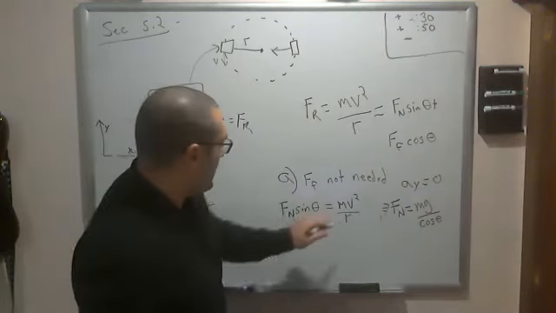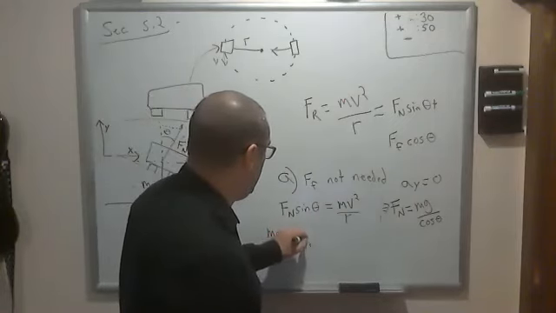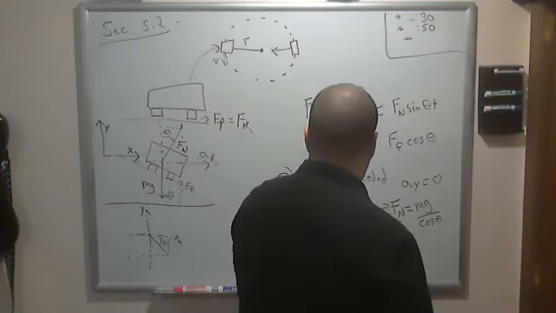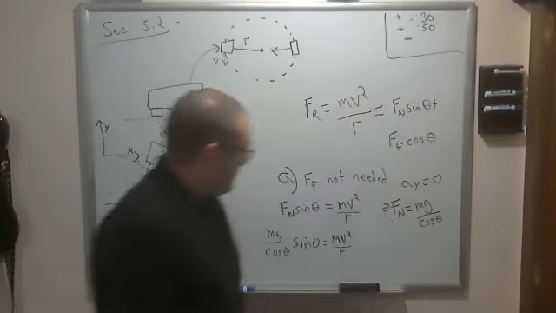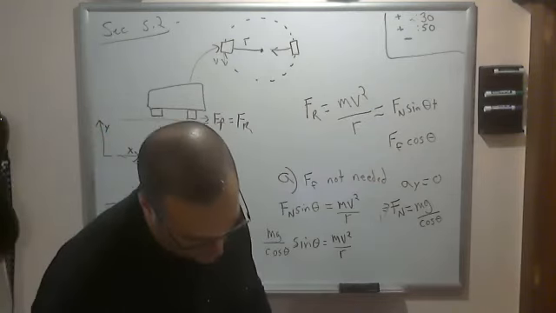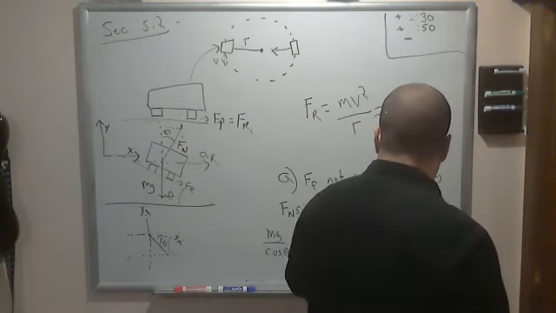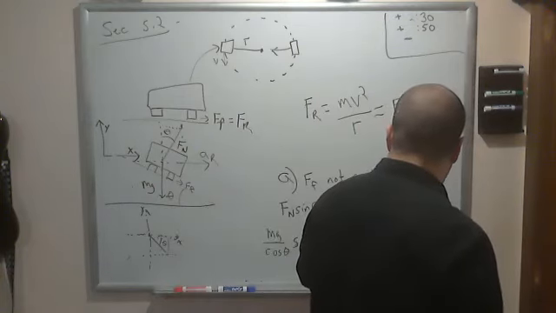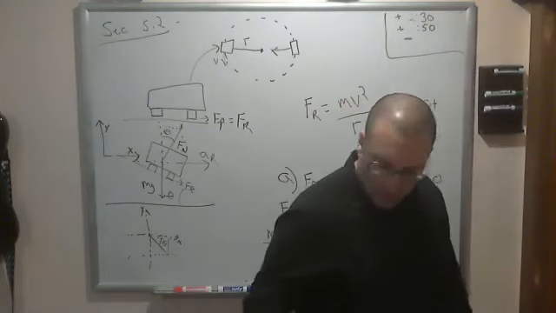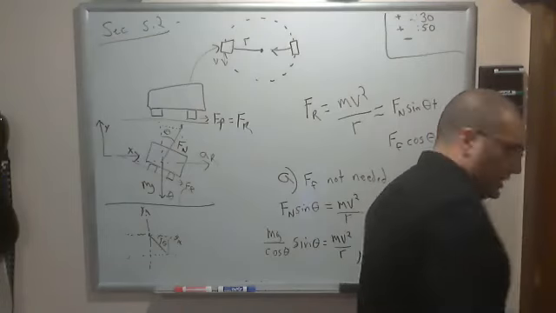So now I plug that into here, what I had earlier. Right? And then we solve. And then we find that tan theta is equal to the velocity squared over rg.